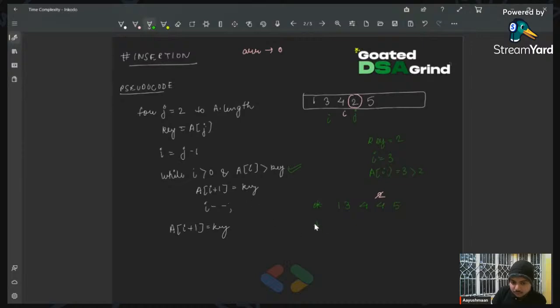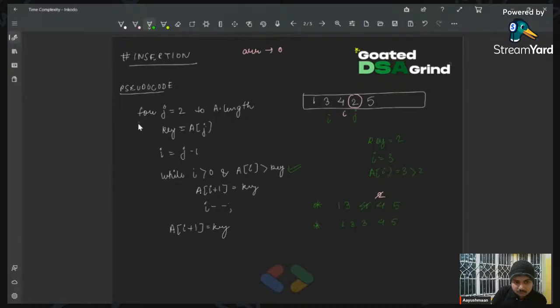And now what we do is a of I plus 1 equals to the key. So I was here, I plus 1 will be this. So we are replacing this 4 by 3. So we have 1, 3, 3, 4 and 5. Okay. Now the ending part. Of course, the j will go on. This is inside j actually.